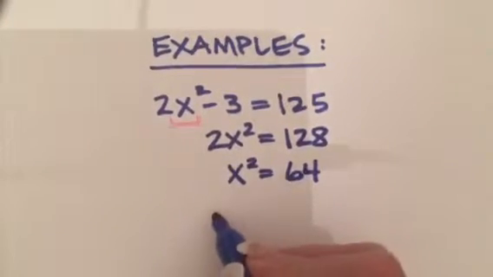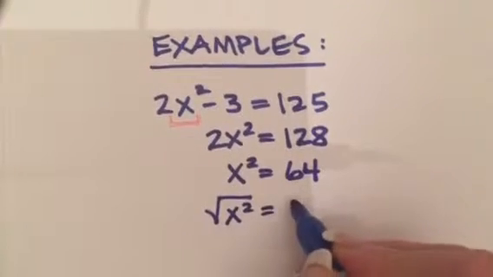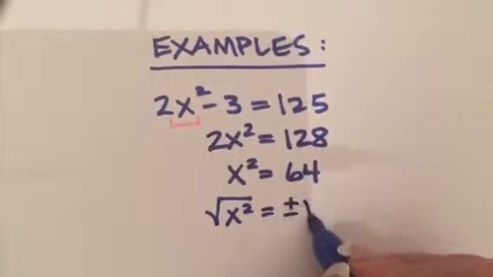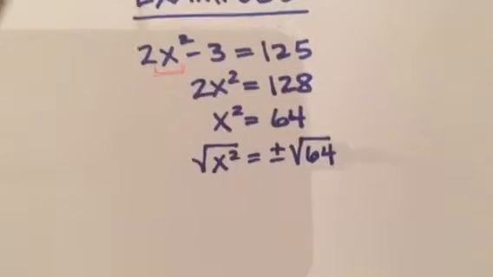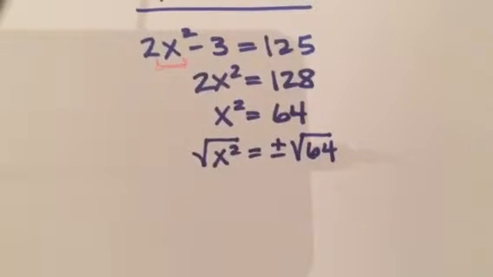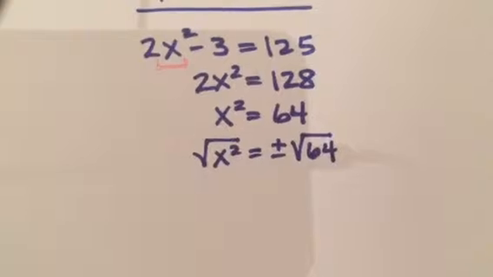So when we do that, we have the square root of x squared is equal to plus or minus the square root of 64. And we have got to include that plus or minus because we are not sure which of our solutions would satisfy, and in truth both of them do.